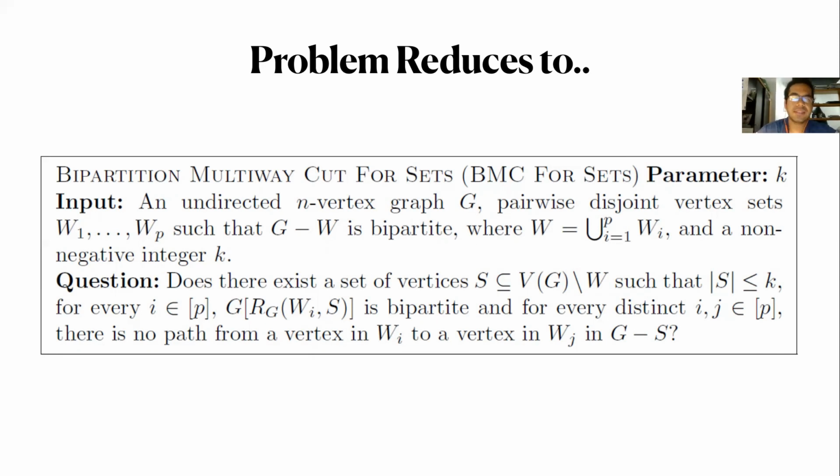And we ask the following question: does there exist a set of vertices S in G minus W, whose size is bounded by k, such that the reachability graph of Wi after removing S is bipartite, and for every distinct i, j in p, Wi and Wj are disconnected in G minus S.